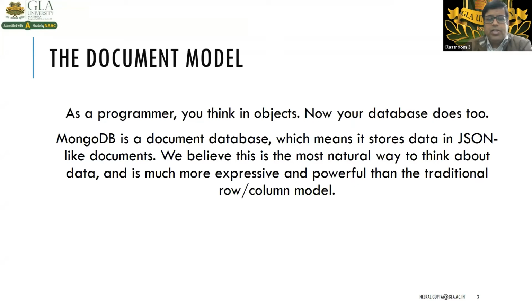So MongoDB is a document database, which means that it stores the data in the JSON format, right? And this format is a universal format, which is used to store the database.